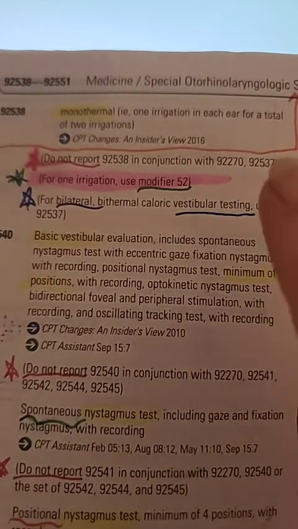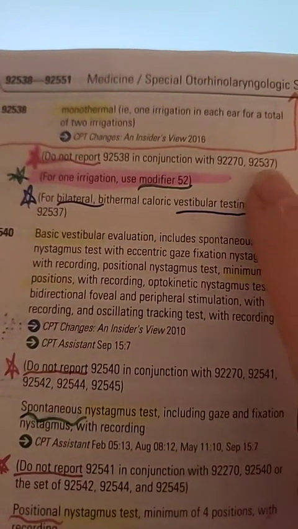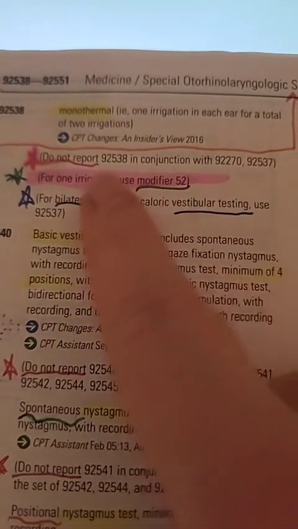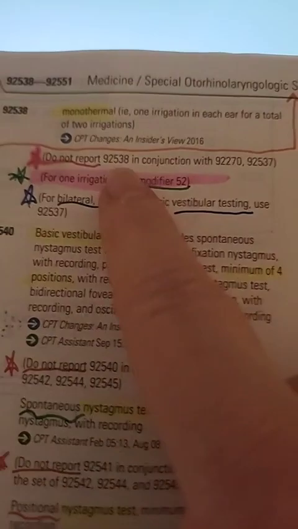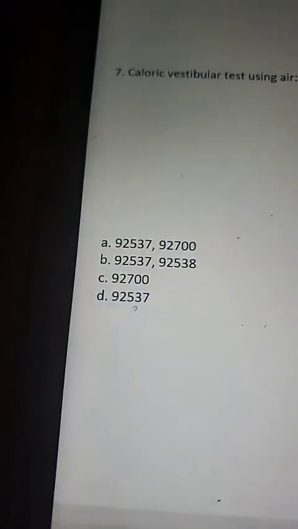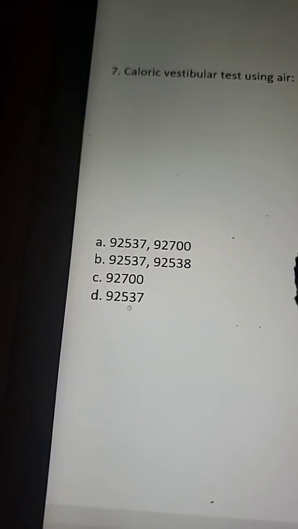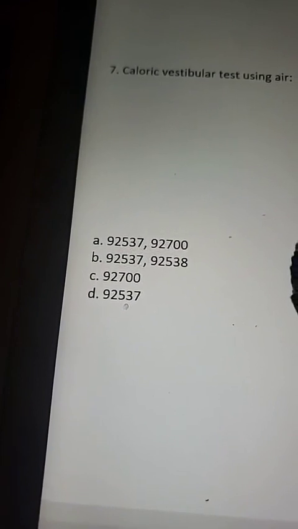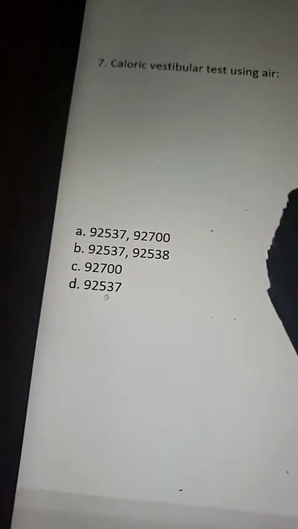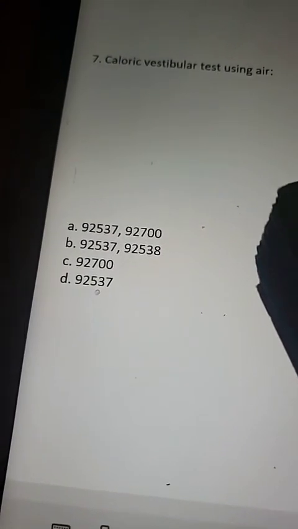It does say that the 92537 and the 92538 cannot go together, so we can eliminate B based off that. So what about the 927 with it then?